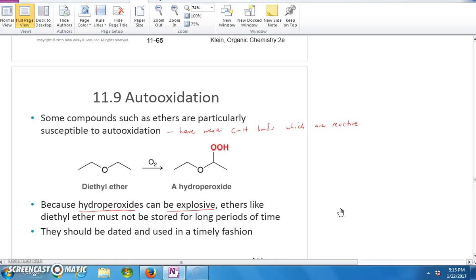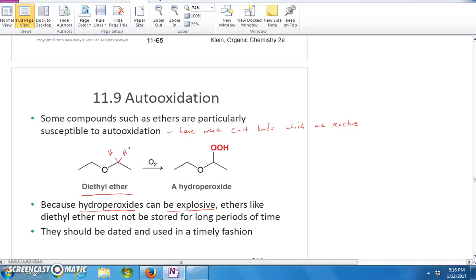Now, some of the ways in which auto-oxidation occurs are particularly in ethers. When you have something like diethyl ether, this hydrogen here is susceptible to abstraction. The hydrogen can be easily abstracted, because the radical that forms upon abstraction can be stabilized by the effect of the oxygen.